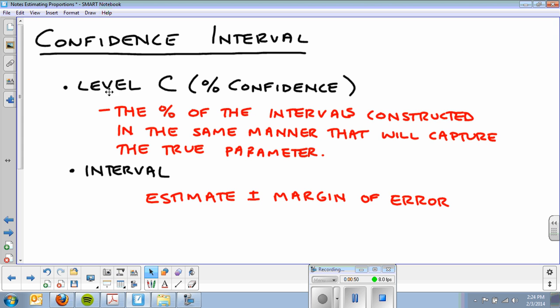In class, we talked about a 95% confidence interval, and that's the percent of the intervals constructed in the same manner that will capture the true parameter. So all day long, 95% of the confidence intervals to predict the true proportion of M&Ms will capture that true proportion of 24%. And the interval, which we calculated, is basically the estimate plus or minus the margin of error.